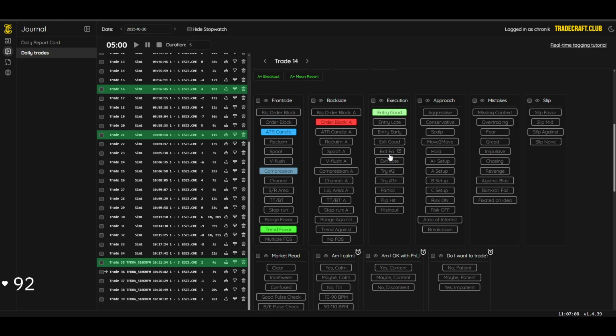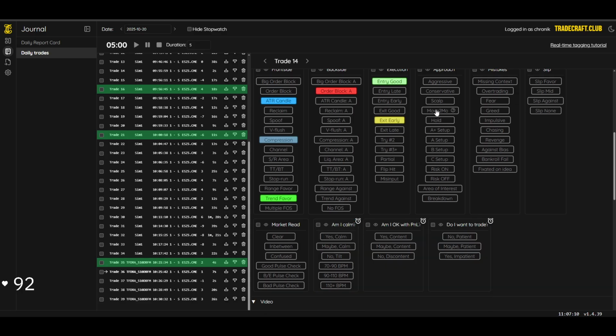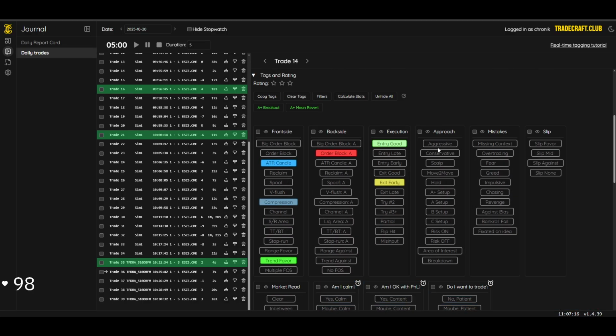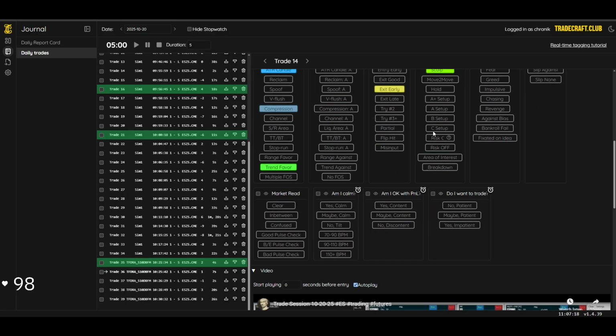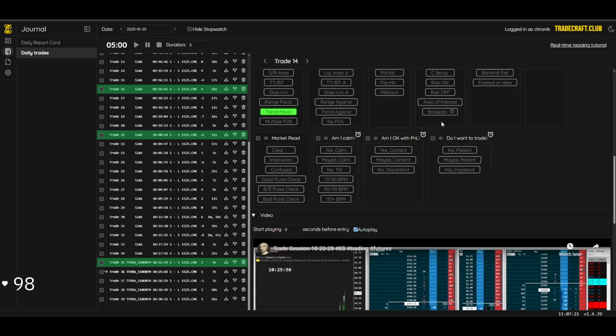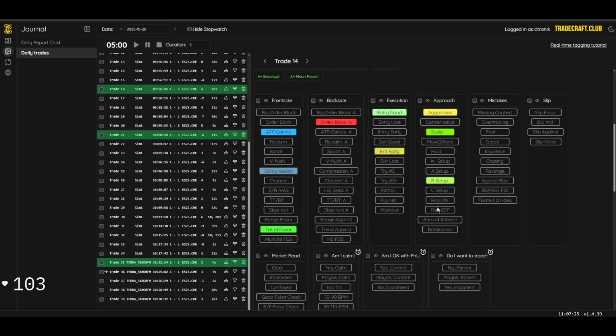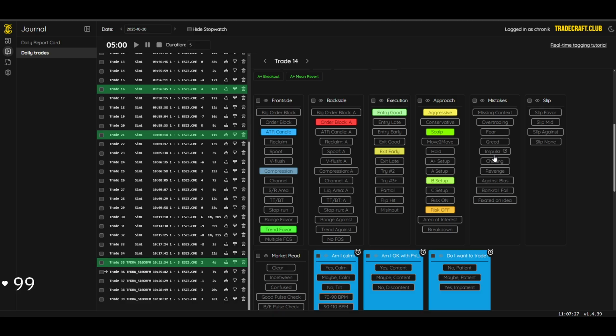Entry good, exit early. Could have held this a little longer. Considering my entry, this is a pretty aggressive scalp. But I would give this like a B setup. I think this is pretty good. I really like the strength that came in there. A risk off environment.